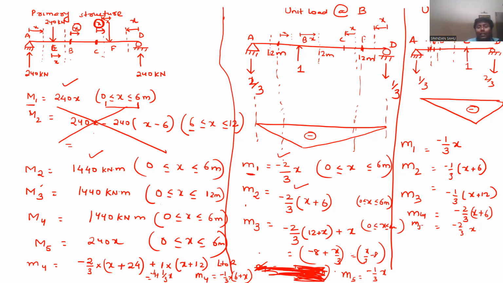The thing is that M4 I have taken from F to D and M5 I have taken from C to F, both from right side only. So M5 here is equal to M4 of my notes, and M3 from right to left is M5 of my notes.